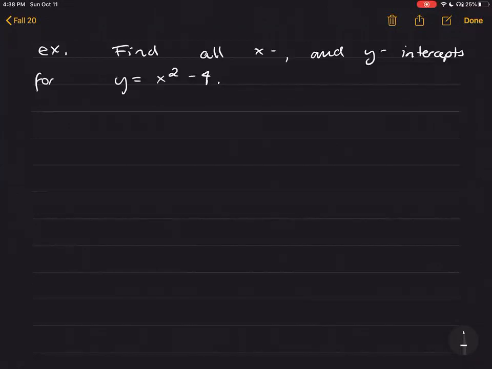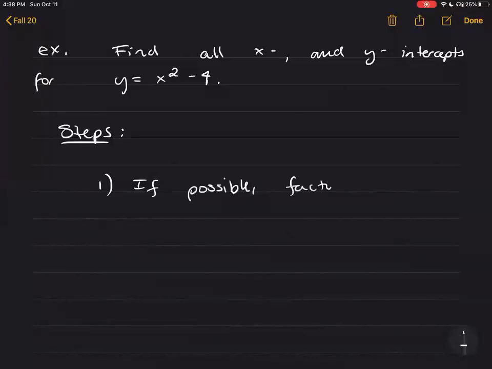So let's look at some of the steps for that. 1, if possible, factor. So in this case, this is a difference of squares. So we have y equals (x minus 2)(x plus 2). Now, factoring isn't necessary, but it makes the process a lot easier, especially for polynomials.